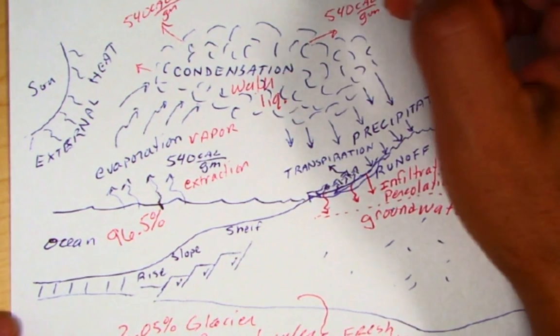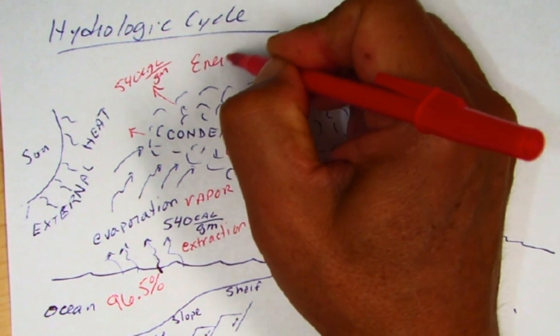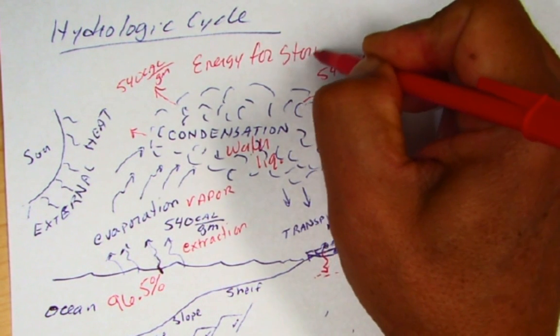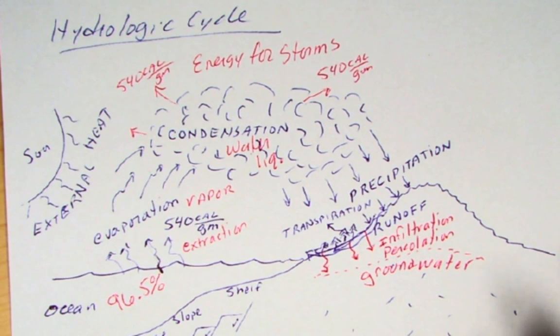And the key thing about this release of those 540 calories is that this is energy for storms, hurricanes, winds, right? So that's the energy that's going to drive our atmospheric circulation.